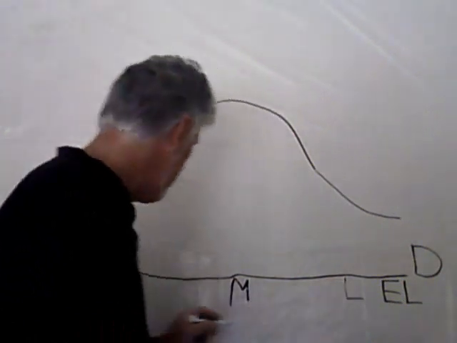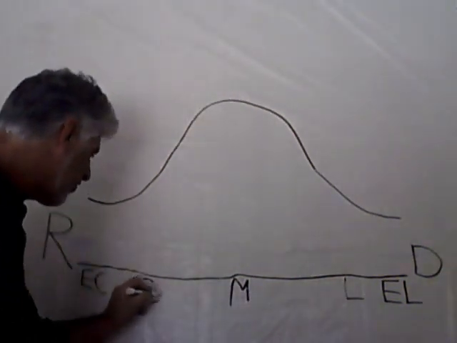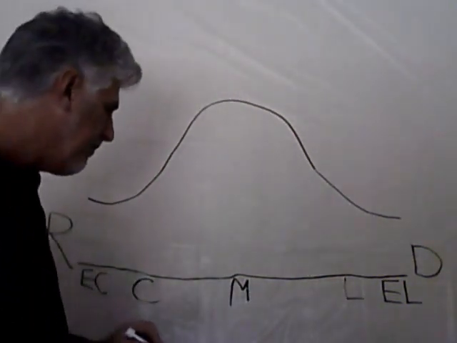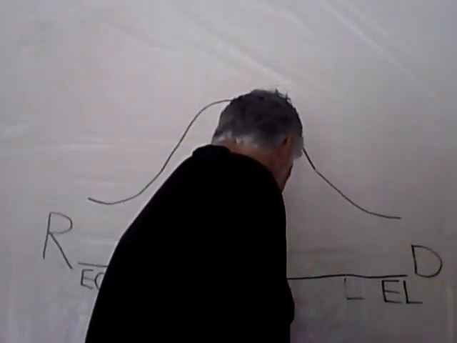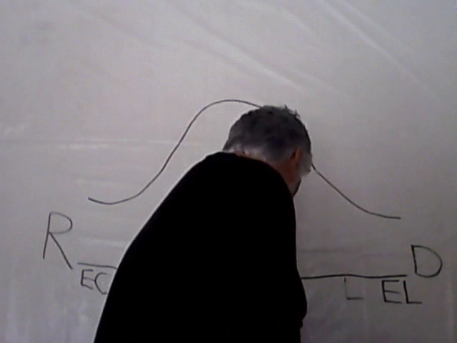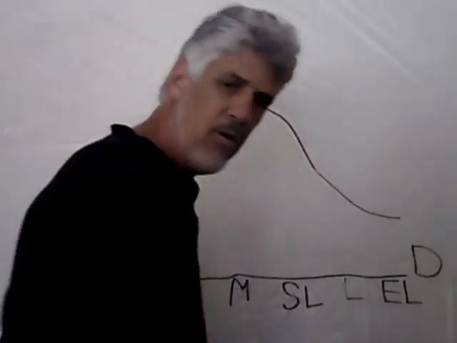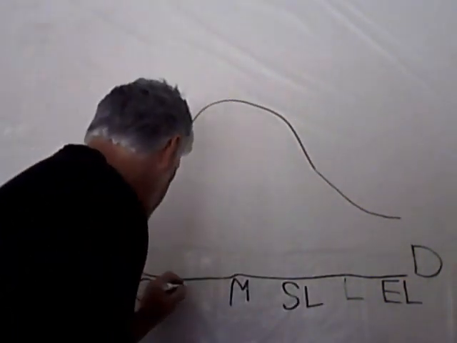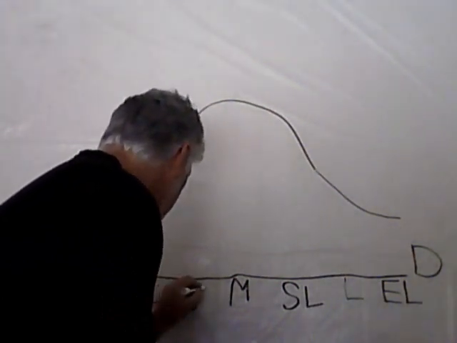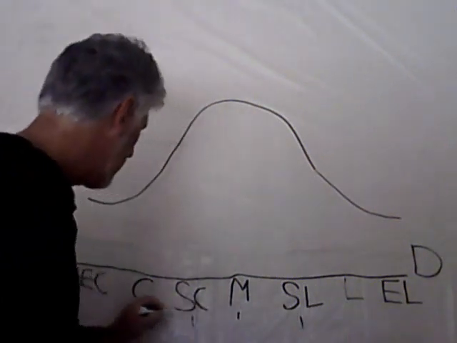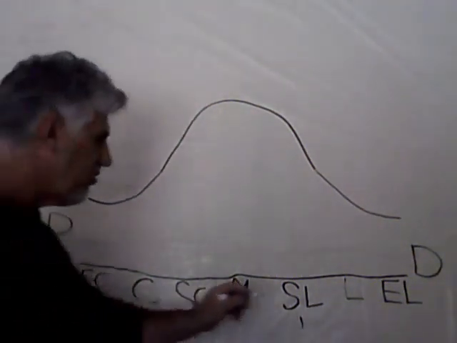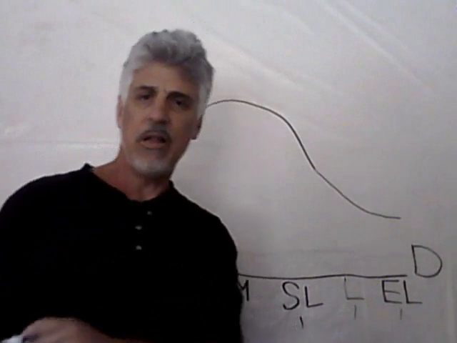These people are liberal. These people are conservative. And then we have people who are somewhat conservative and somewhat liberal, and I'm not sure how to draw that. Somewhat liberal, is that correct? Yeah. And somewhat conservative. So these are somewhat conservative, somewhat liberal, moderates, conservatives, extremely conservative, liberal, and extremely liberal.